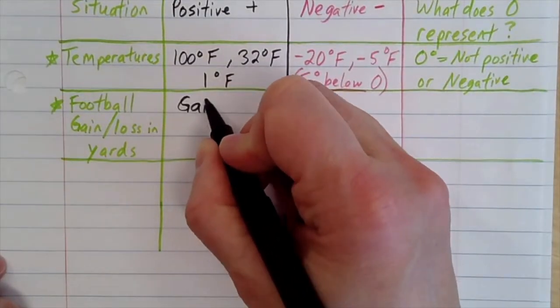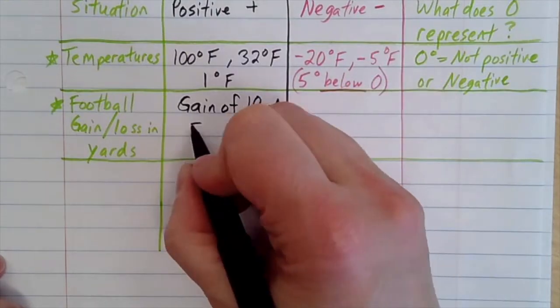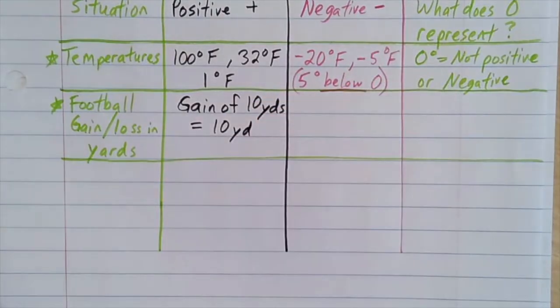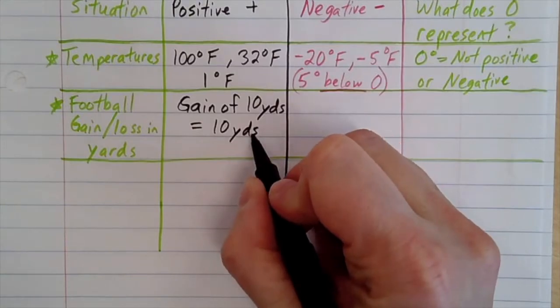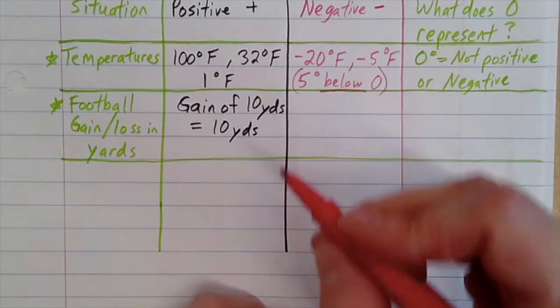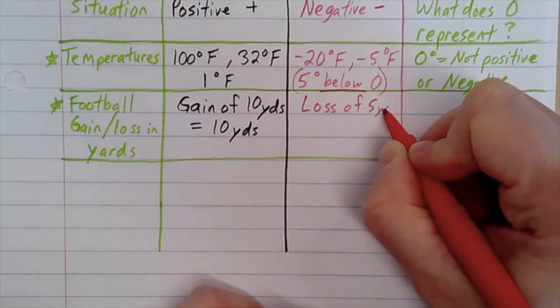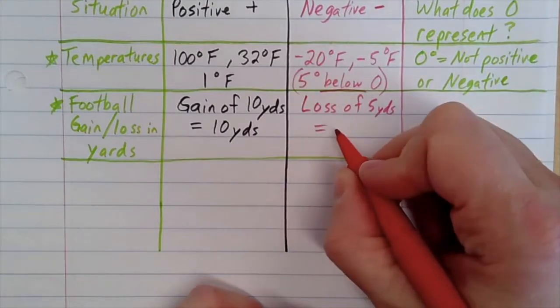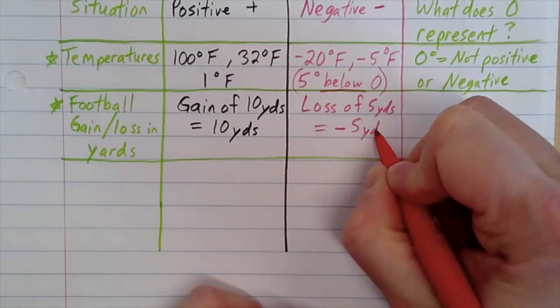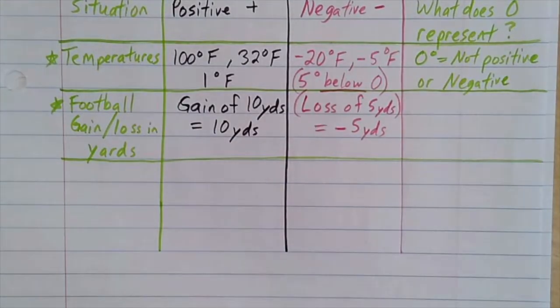So a gain of 10 yards, you gain 10 yards. So that's a positive 10. You don't necessarily have to put a plus sign. You can just say 10 yards. However, it's different with negative numbers. If you say a loss of 5 yards, that's equivalent or equal to negative 5 yards.